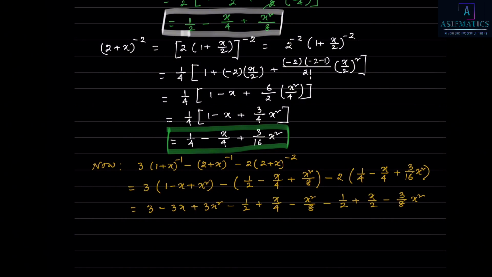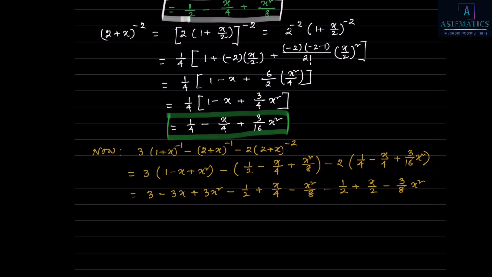Or finally, if you calculate all these, your result will be, if you just add this one. So here we have 3 minus 1 by 2 and minus 1 by 2, that is minus 1, and 3 minus 1 will be 2. So here you can get 2.